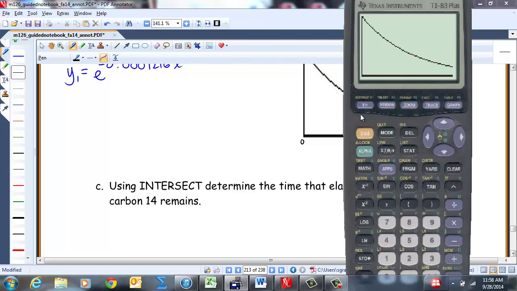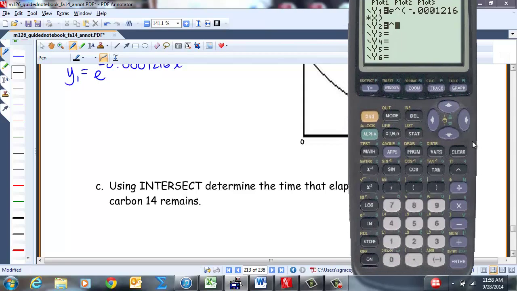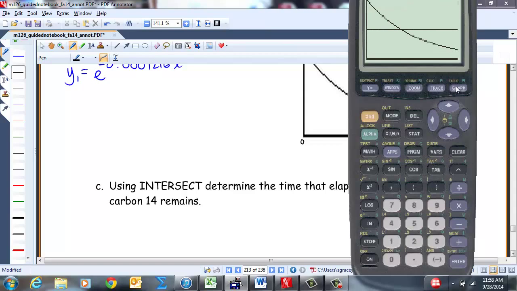Basically, we're going to let y2 equal 0.5, and then we can use intersect to find that result.